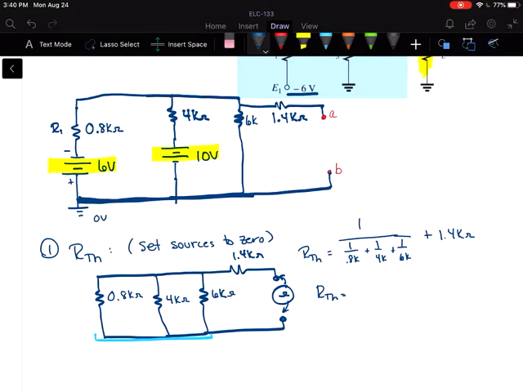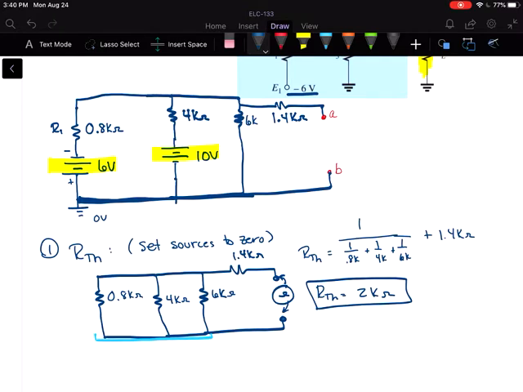When I do the math there, and hopefully you'll do this with me, you can pause the video, or if you just work quickly, you can do that. That gives me about 2K as my R Thevenin. So not too bad there.